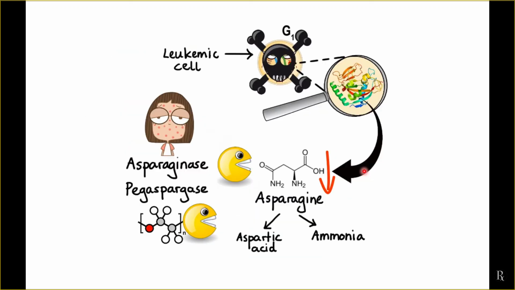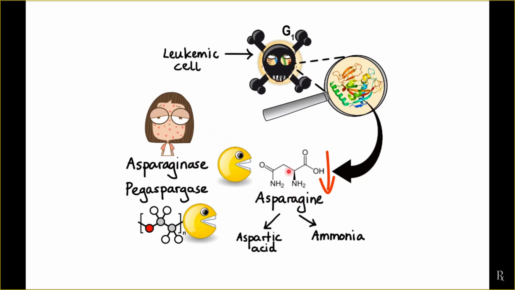G1 is a process during which a cell is preparing proteins and enzymes required for the cell division, and to produce these proteins, asparagine is a vital building block. And the cell will require much of the asparagine.